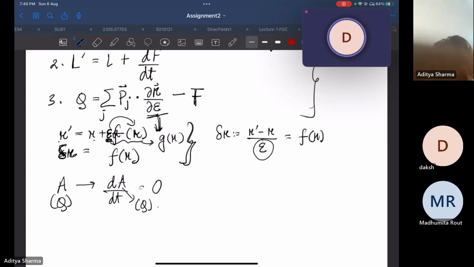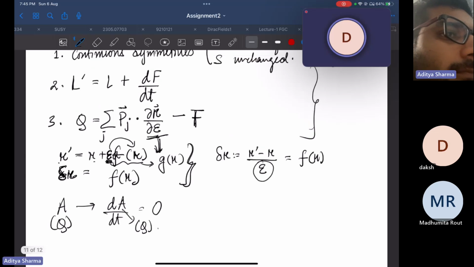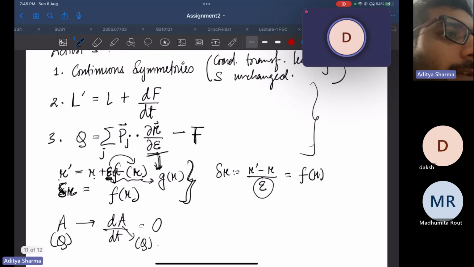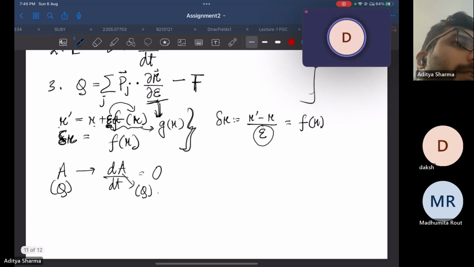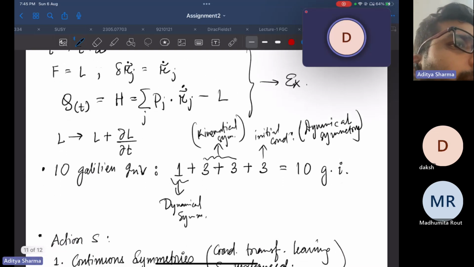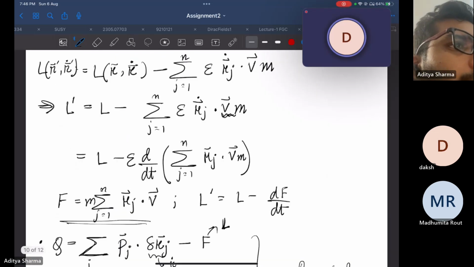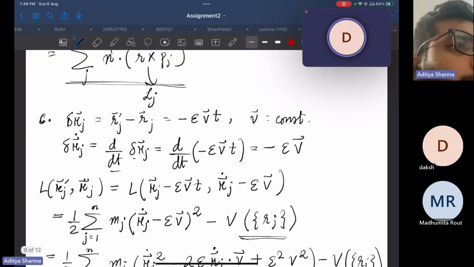Let me put the notation in the container for all.